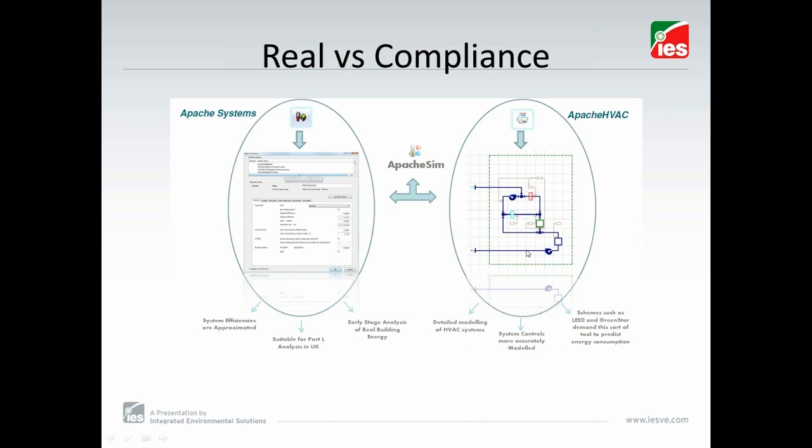But once you get into the detail, and again in existing buildings, we have a lot more information about how the systems are actually set up and how they're actually running, how they're controlled, and how that impacts on the energy consumption. And of course, for LEED and Green Star, this level of detail in the systems modelling is a prerequisite.